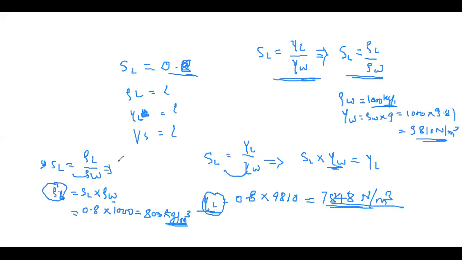In this particular problem we have found this value first, so instead of going for this formula, we can directly find the value of rho L by using the relation between rho L and gamma L. What is the relation between rho L and gamma L? Gamma L is equal to rho L multiplied by g.